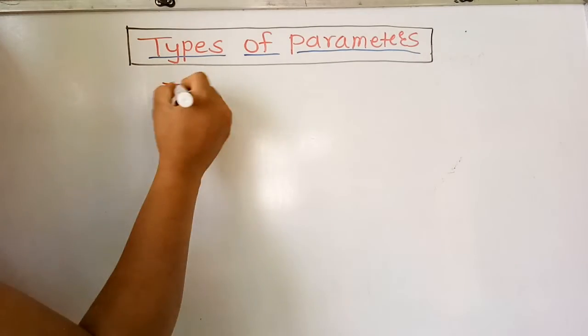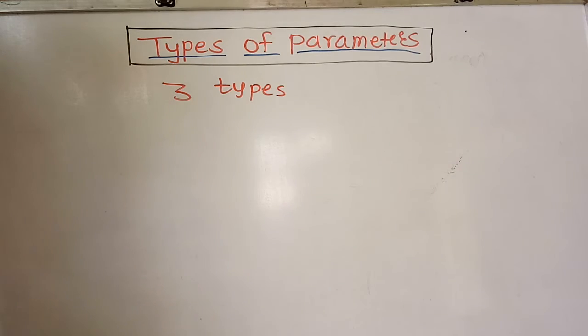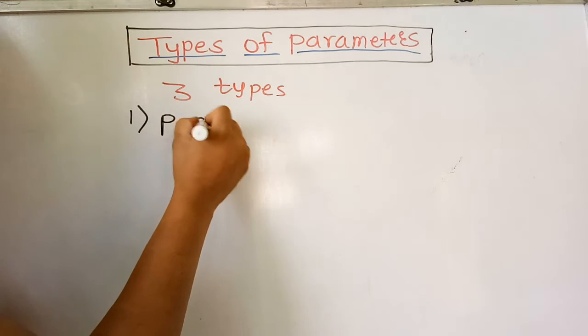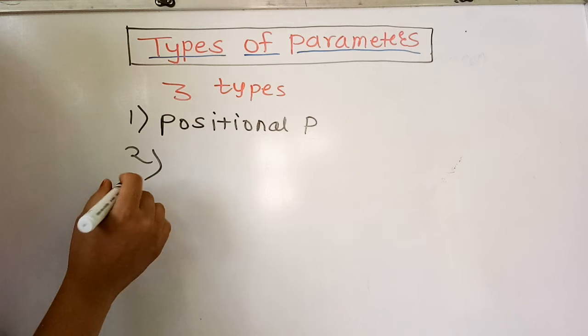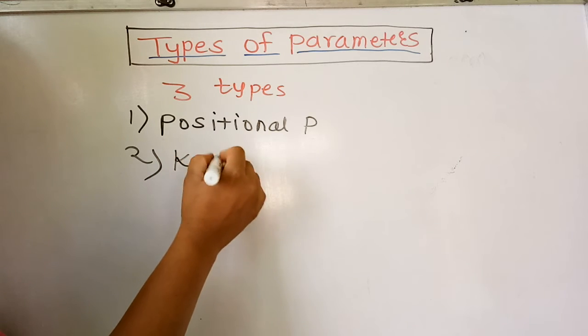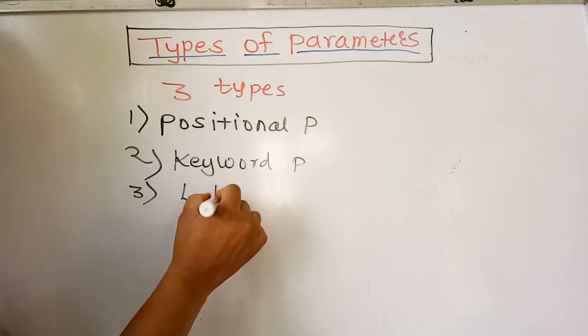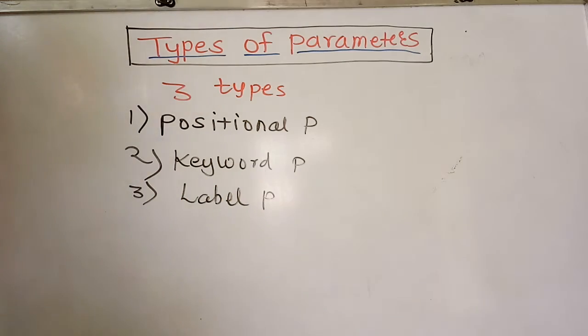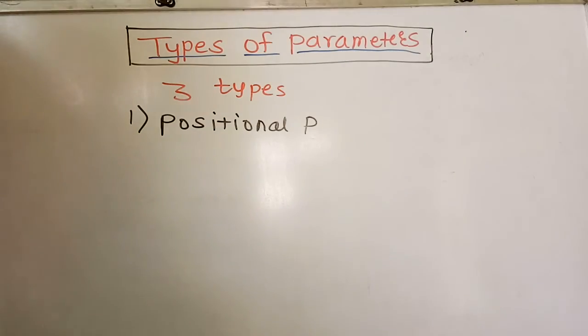So there are three types of parameters, and first is the positional, second is the keyword parameters, and third is the label parameters. So we will study them one by one. First is the positional parameter.